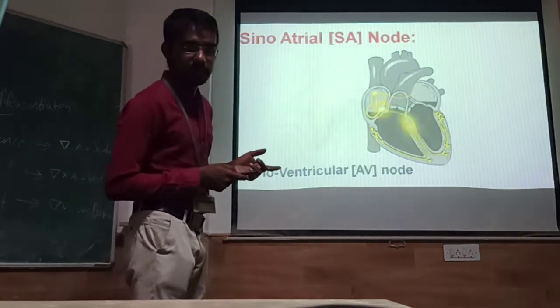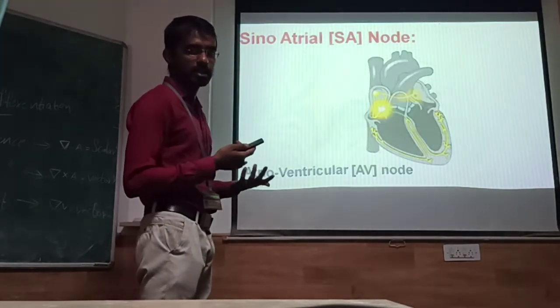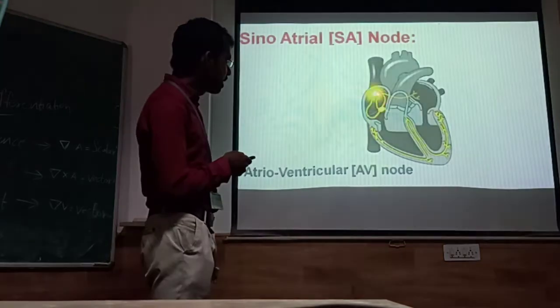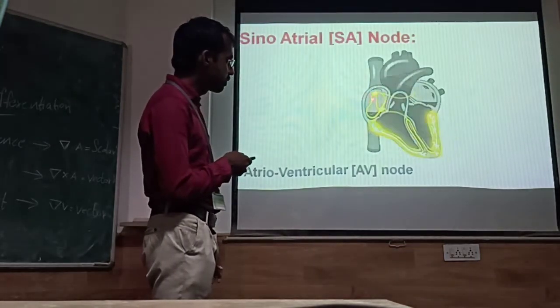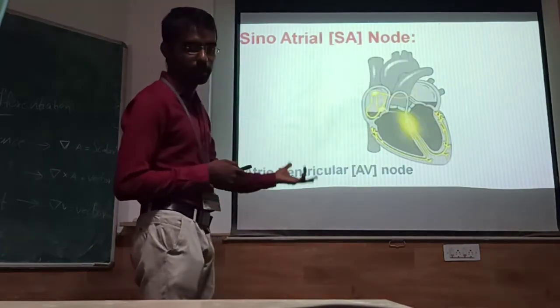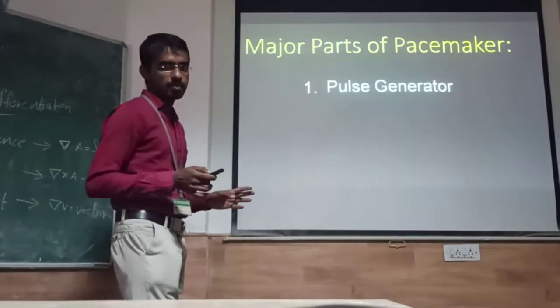What creates the need for pacemakers is when the sinoatrial node fails, then there is no signal. Obviously the heart will stop and the person will die. Or even when there is nerve damage between the sinoatrial node and other parts, the problem comes. When the problem comes, we have to fix it through pacemakers. Major parts, we have already seen.